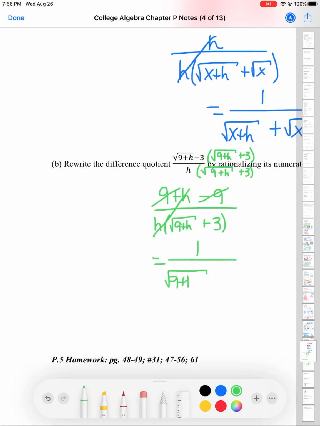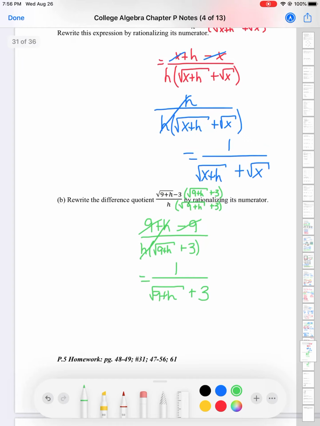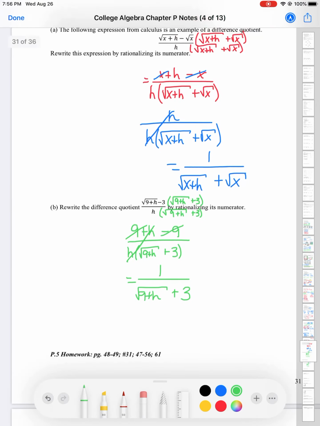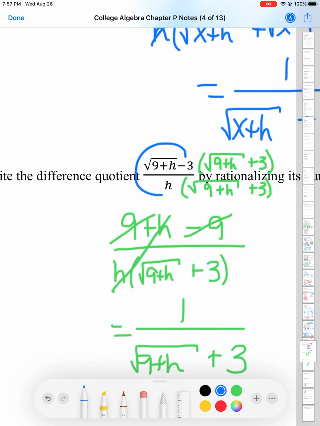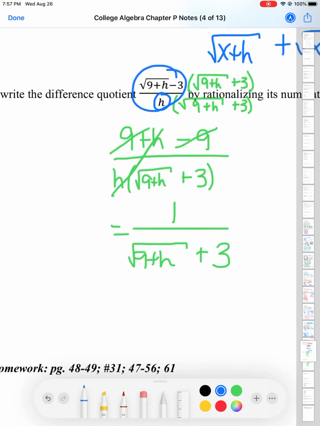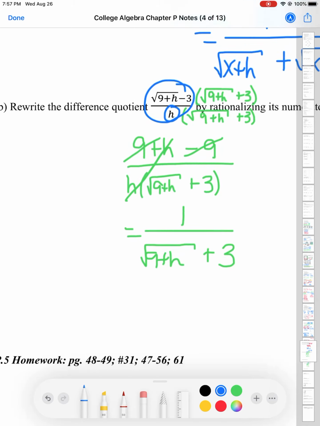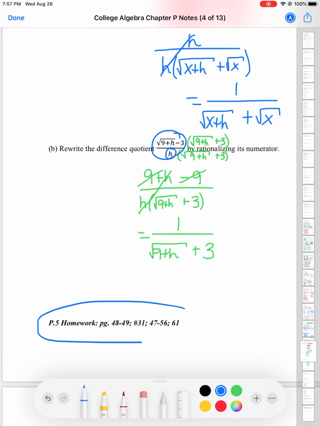So we get 1 over the square root of 9 plus h plus 3. And this is helpful because it'll say something like plug in h equals 0. And if we look at our original, we cannot plug in h equals 0 at first because that would give us a 0 on the bottom. But once we rationalize, now we would be fine to plug in h equals 0. So it's just manipulating the expression so that we can plug in certain values.